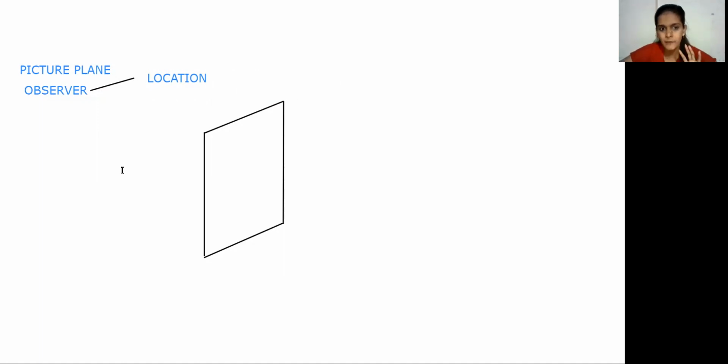If I'm looking from the front, it is different. If I'm looking from the back side, it is different. If I'm looking from the left side, it is different. If I'm looking from some angle, it is different. I'm walking away and again turning back from a long distance, then the perspective view is different. Why? Because of the change of location of the observer. That means we can conclude that if the location of the observer changes, the perspective view will change.